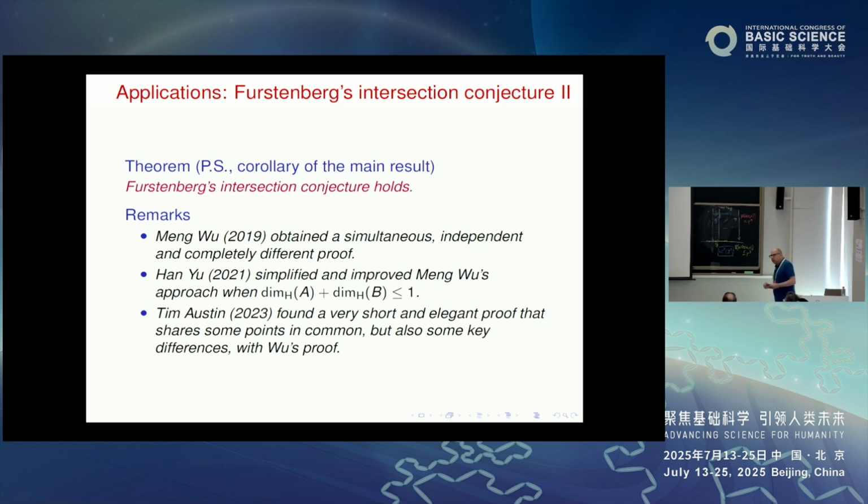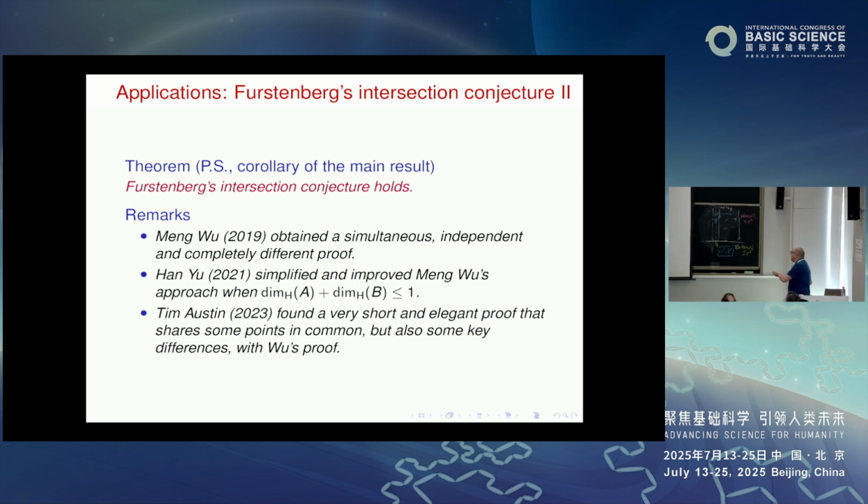Okay, and Ville told me, I didn't tell anything to Ville, but Ville told me, Moon thinks he has a proof of Furstenberg's intersection conjecture. So I had to say, me too, at that point. And then we talked, and we saw that our proofs were completely different. So we decided to, well, not merge the papers because the proofs were just totally different, but we agreed to synchronize our submission. So you will see that the two papers on the archive appear on the same day.